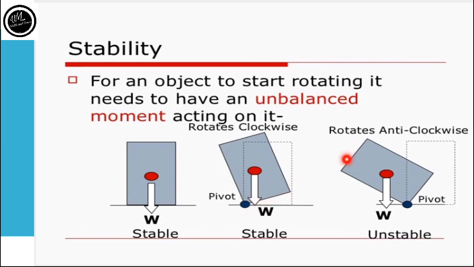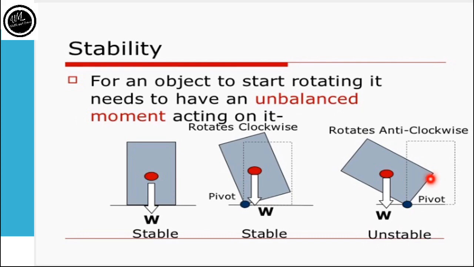Now if I apply a further tilt or further force on this block, you can see here the center of gravity does not pass through the base of the block. So in this situation, the body becomes unstable.